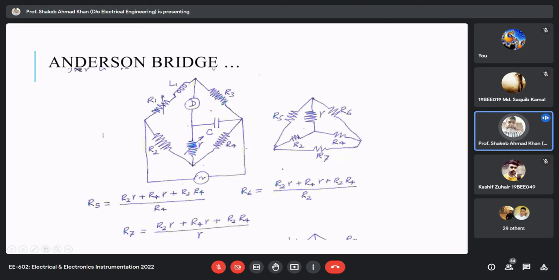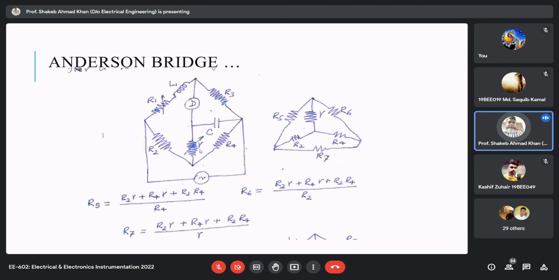The resultant balance equations are independent of the choice of variable component, although the variable components are not lying in the same branch.